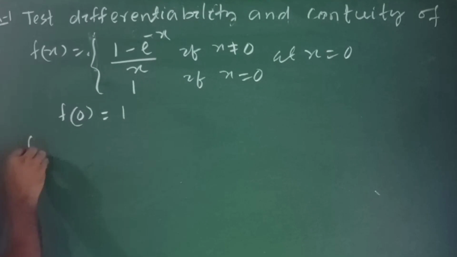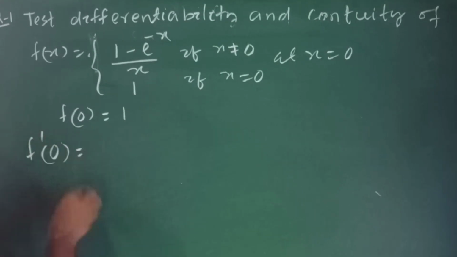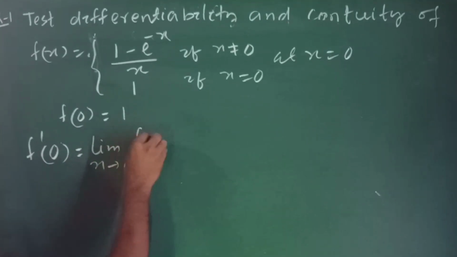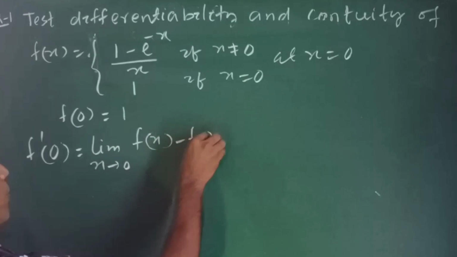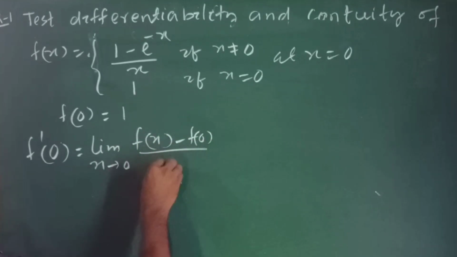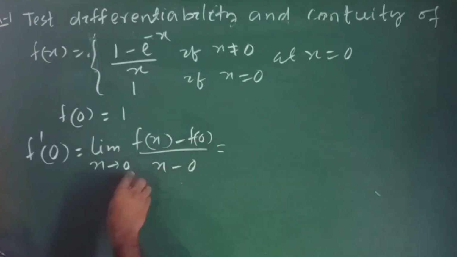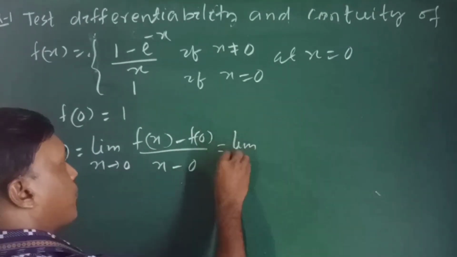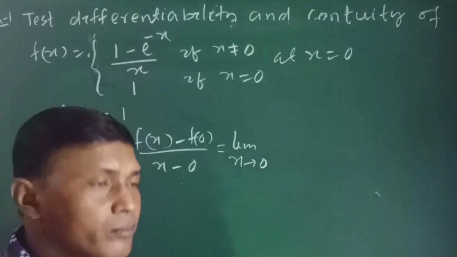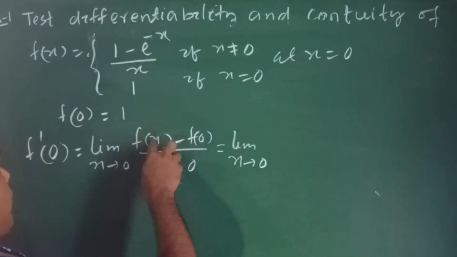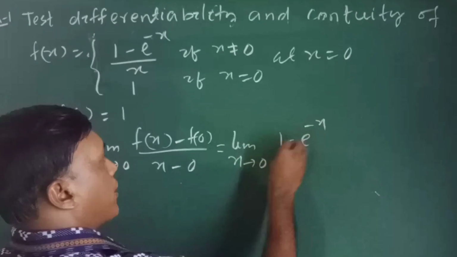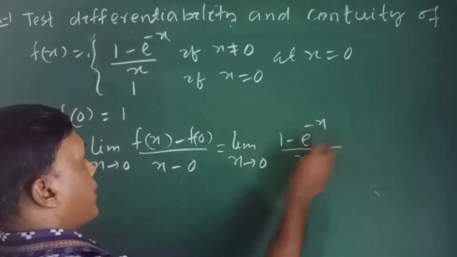Now to find f dash 0. If f dash 0 exists, then it is differentiable. f dash 0, the formula is limit x tends to 0, f of x minus f of 0 by x minus 0. This is the definition of f dash 0, and this is limit x tends to 0, f of x, and f of x means the value 1 minus e to the power minus x by x, minus f of 0.